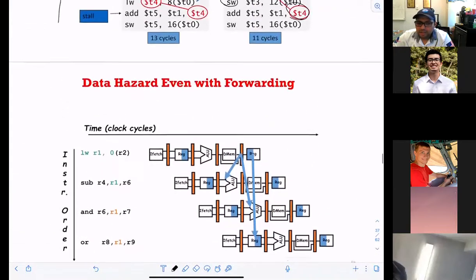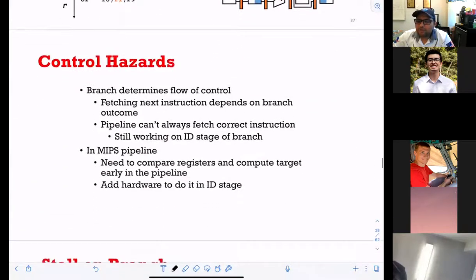Super. And now we're going to go into the most important problem the pipeline is actually giving us, which is called control hazard. So control hazard, as you can think, what type of control are we doing in the assembly? We are just jumping, right? Or we are having: if this happened, jump to this branch; if not, jump to that branch.